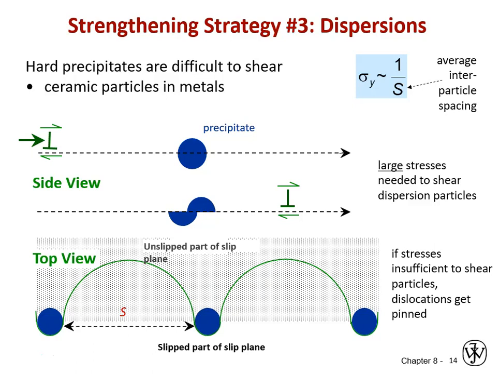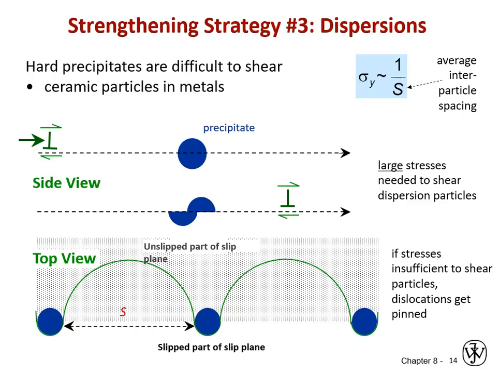It's going to hit this ceramic precipitate, this particle, a dispersion particle. It can shear through it, maybe, but it's going to require a tremendous amount of stress. If we look at how the end of that edge dislocation is propagating through the material from a top view, it's going to look like a line because it's a line defect.